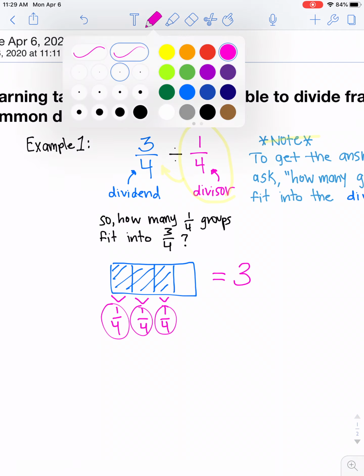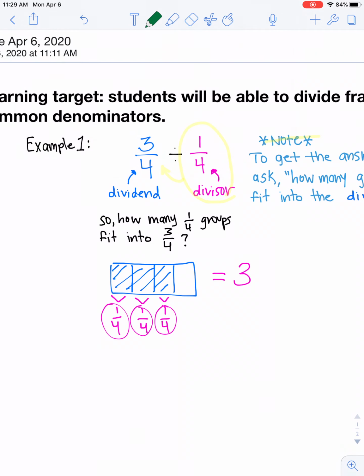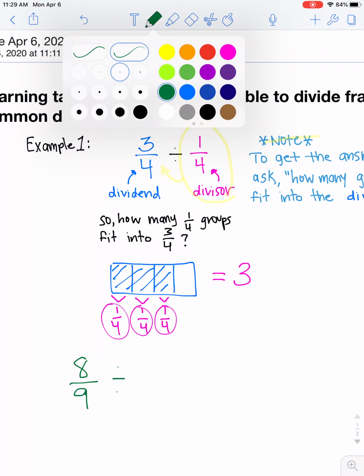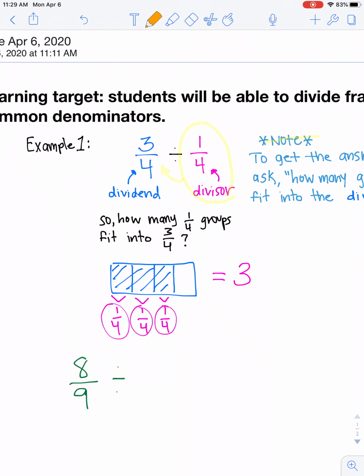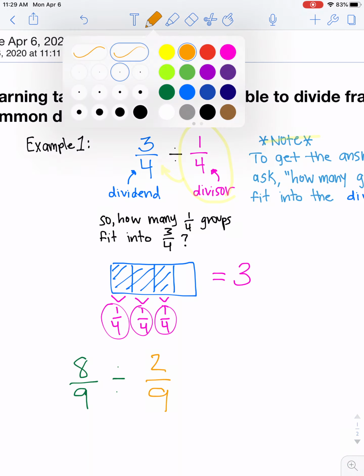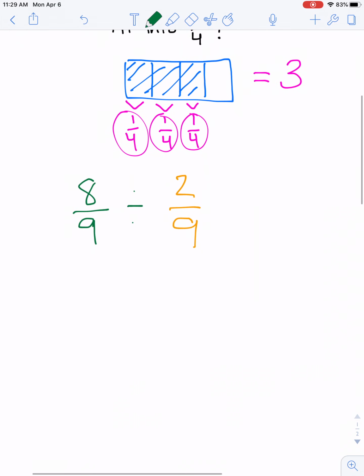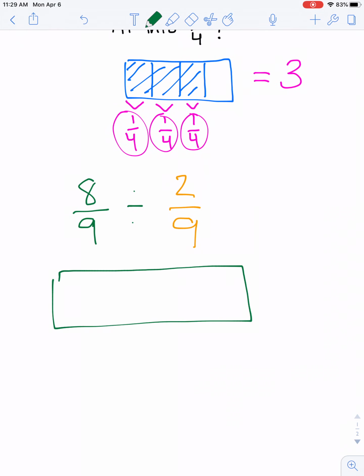Let's see if we can do another example. What if we have 8/9 divided by 2/9? Once again, I'm going to draw a picture. So I have my whole bar here. Oopsies. This will probably not be equal, but we'll be okay.